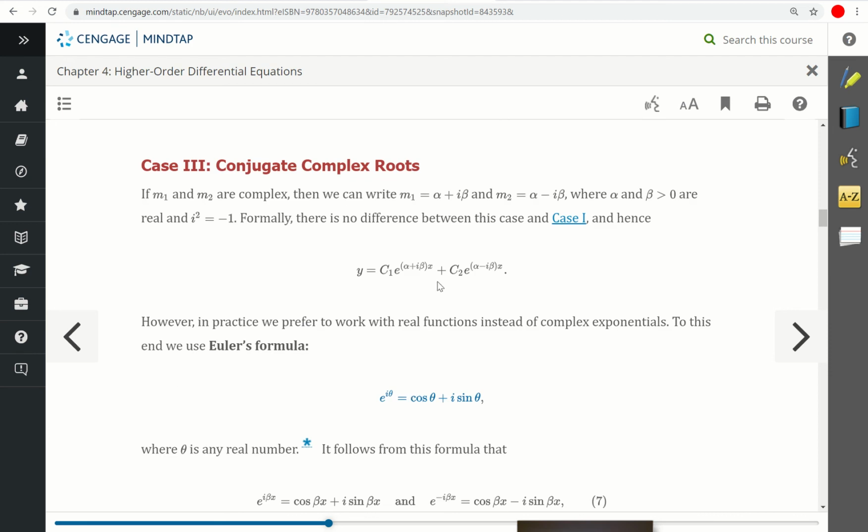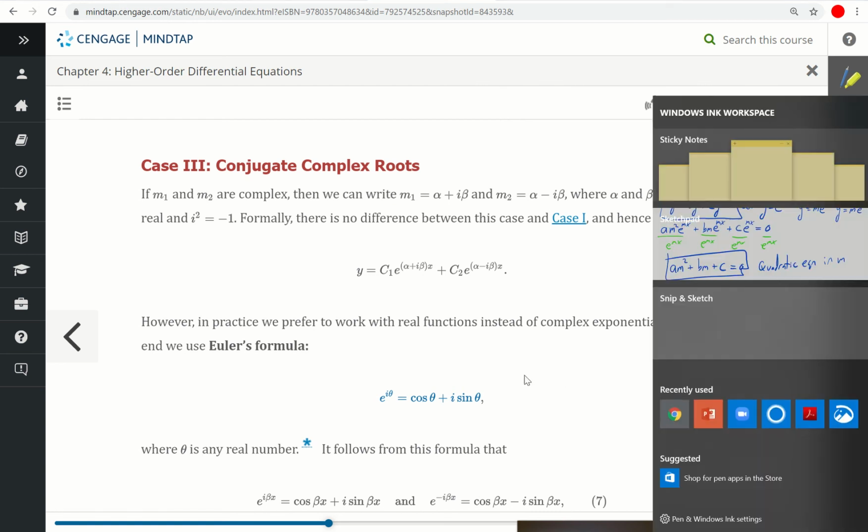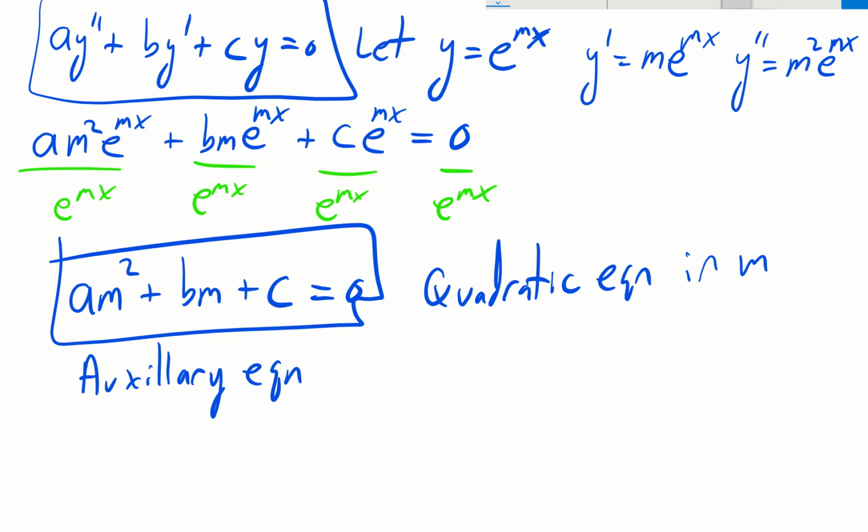And then the third case occurs when you have complex conjugate root solutions. So remember that oftentimes if you're solving these, they're not always going to be nice and factorable like we see here. In general, the real world is messy. But if you have to, you very well may need to use the quadratic formula when you're trying to solve for m.